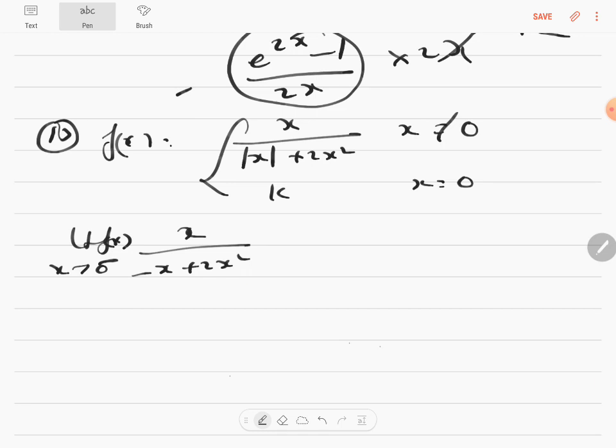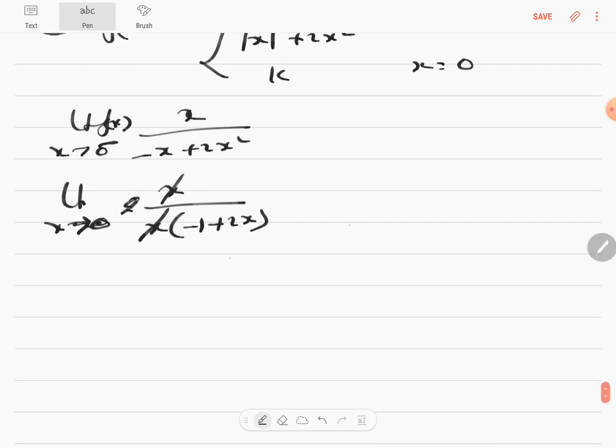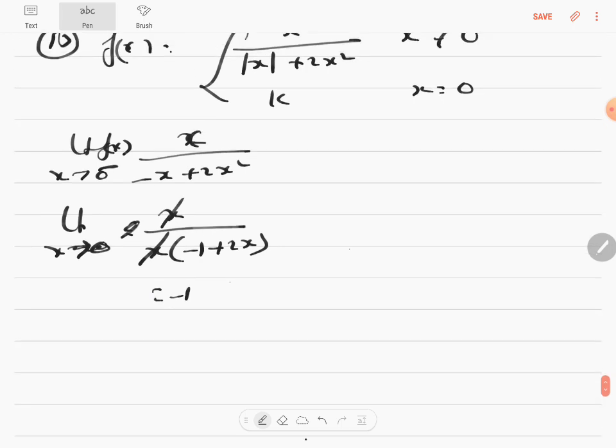Correct? Then you can take x common: minus 1 plus 2x. So x and x also get cancelled. Now it's no more becoming 0. Can you see? The answer is minus 1. Such a simple thing that wouldn't have struck us.